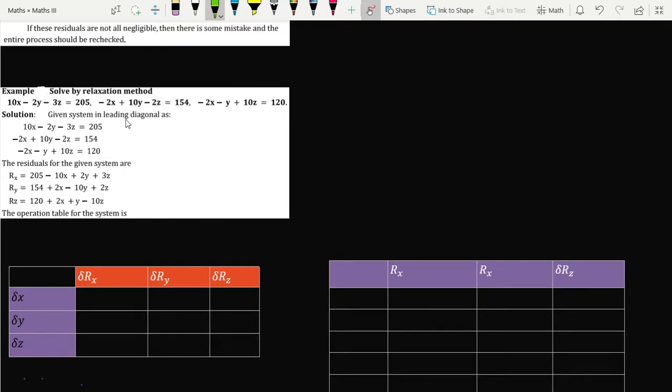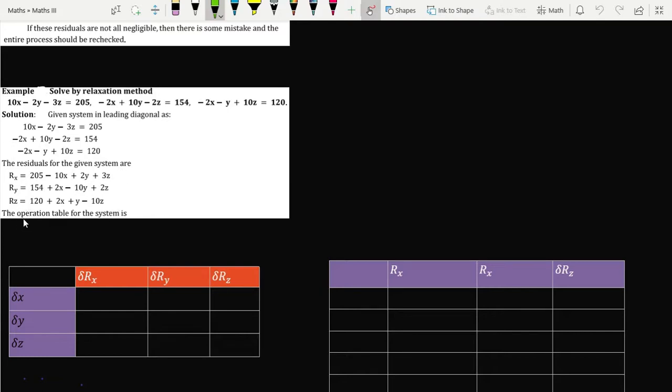So Rx is equal to 205 as it is, shifting all the terms to the other side: minus 10x plus 2y plus 3z. For the second equation, Ry is equal to 154 plus 2x minus 10y plus 2z. And for the last equation, Rz is equal to 120 plus 2x plus y minus 10z. So this is the second step: finding the residuals.